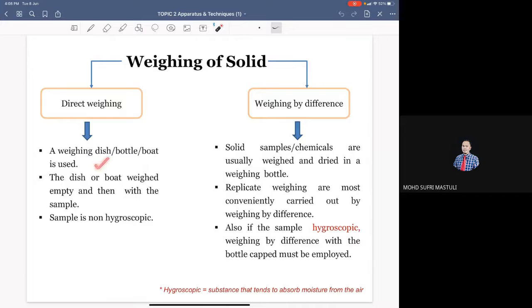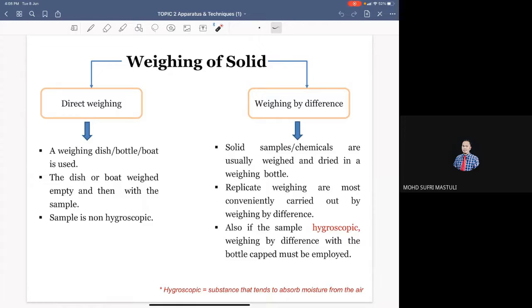The dish or the boat is weighed empty, and then with the sample. This is specifically for samples that are non-hygroscopic. What is hygroscopic? It is a substance that tends to absorb moisture from the air.